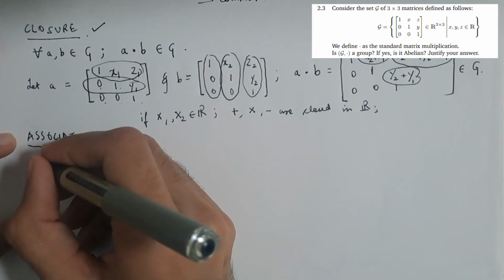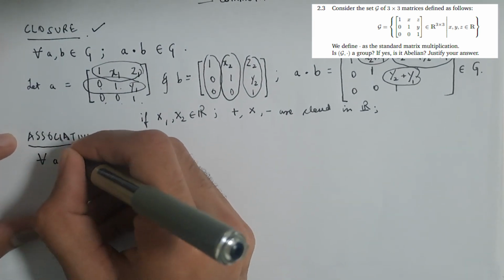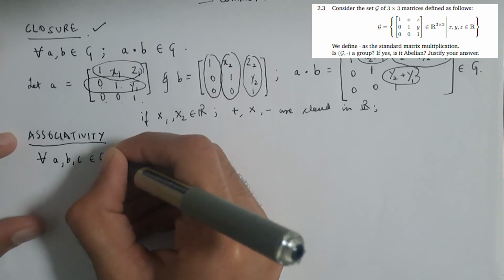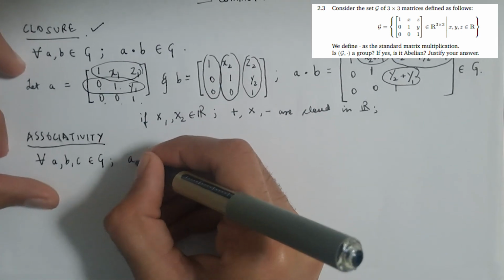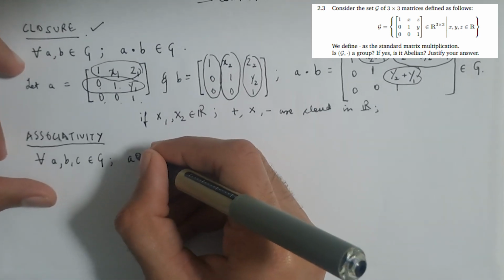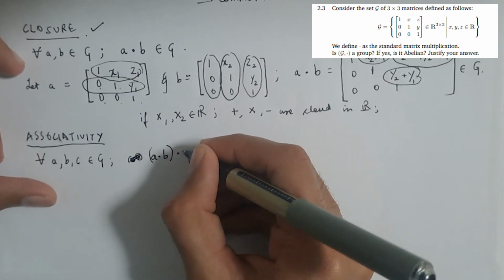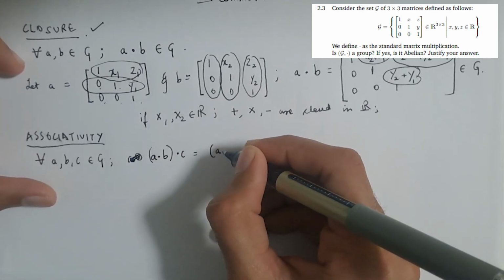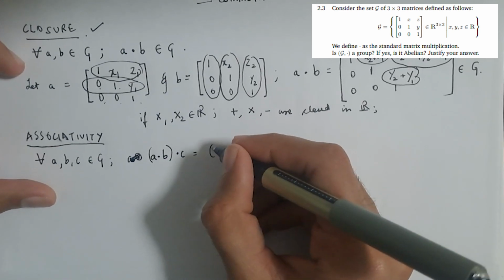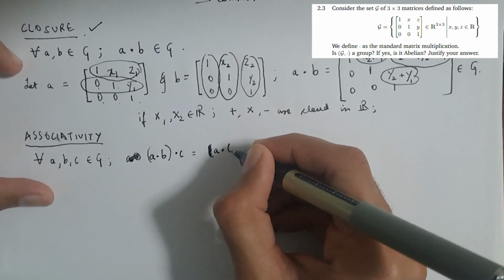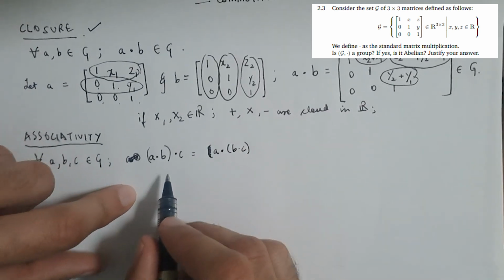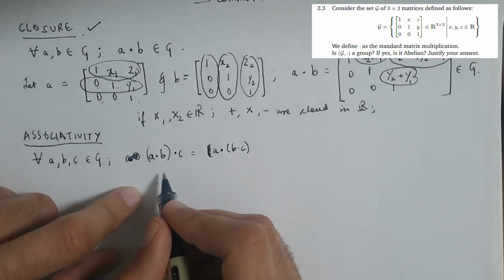Alright, associativity says that for all A, B, and C that are elements of G, A dot B dot C should be the same as A dot B dot C, regardless of your order of association.